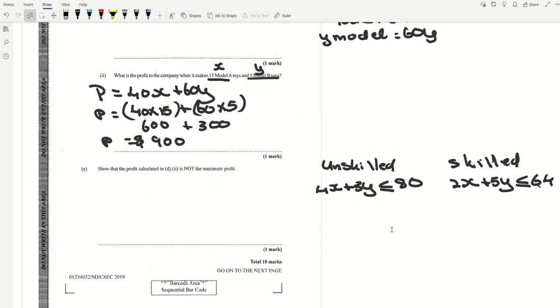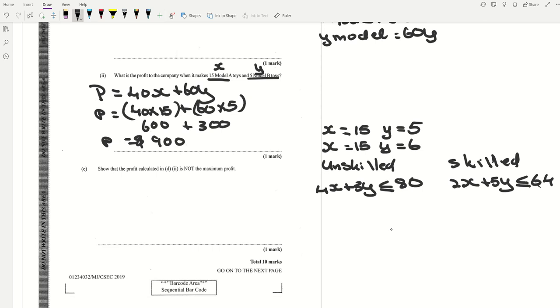So if we were to put x equals 15 and y equals 5, but then put an extra one, x equals 15 and y equals 6, would it still be less than or equal to 80? Let's check.